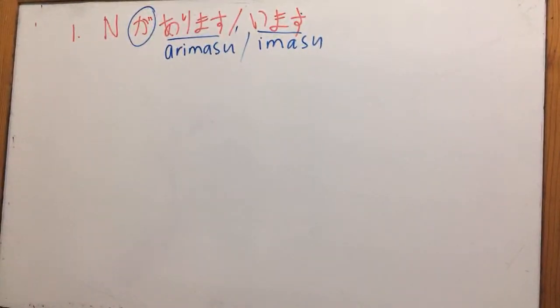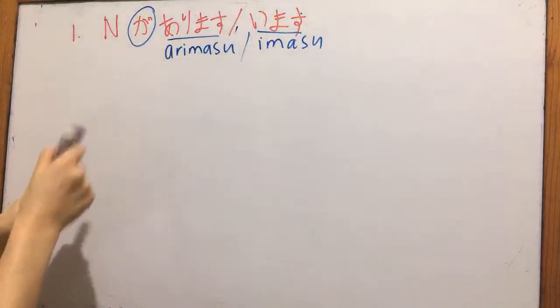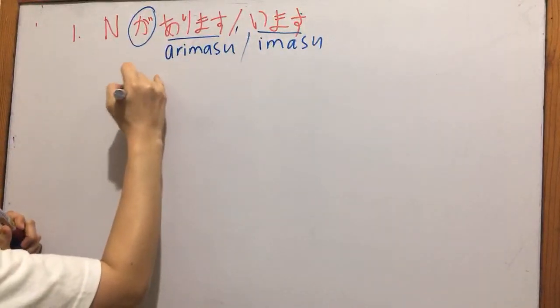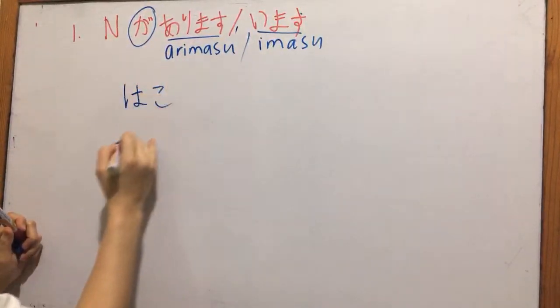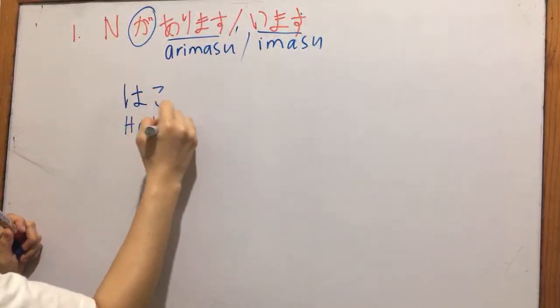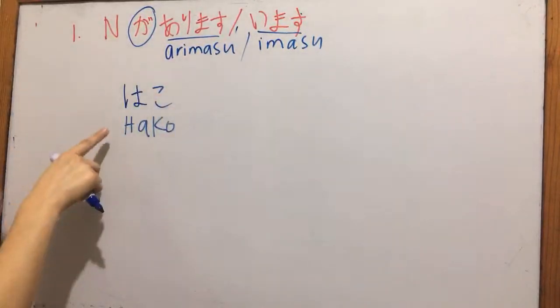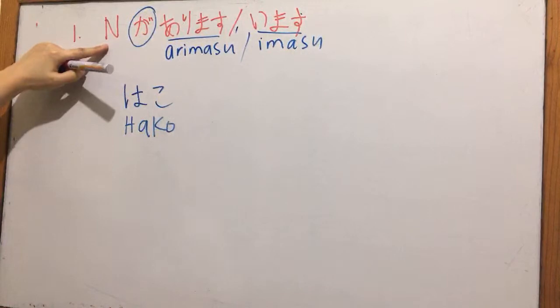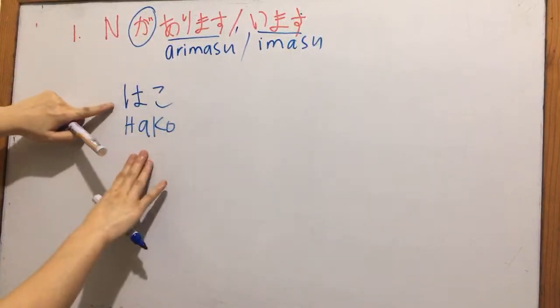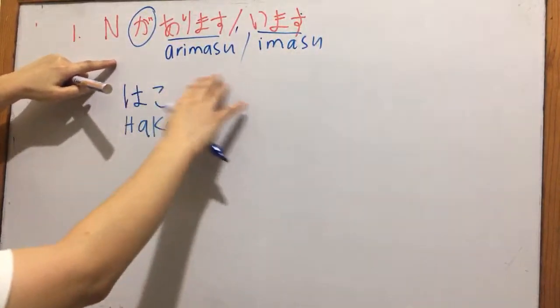So, what vocabulary do we have in here? We have hako. Hako is box. In our vocabulary a while ago, we have hako. This is a box. Okay? So, this N is noun. You just need to put the noun first. So, this is our pattern.